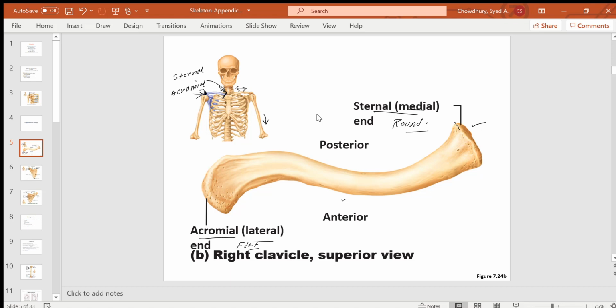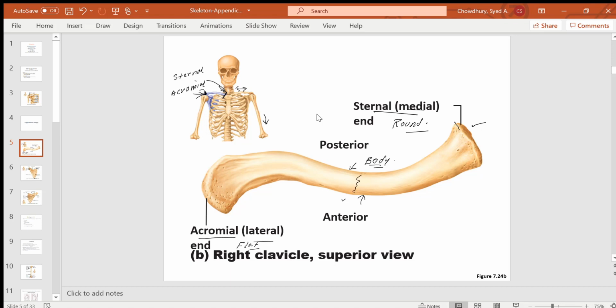This is the body, and the fracture often occurs in the middle of the body of the clavicle, and in most cases it occurs due to a direct blow. If something comes from the front and hits this bone, then a fracture would occur here.